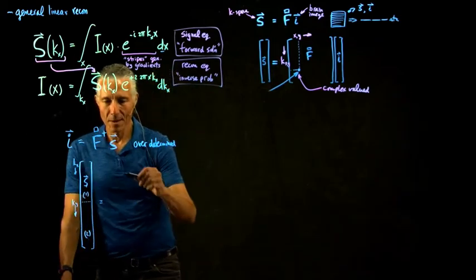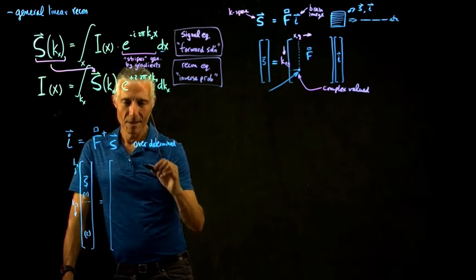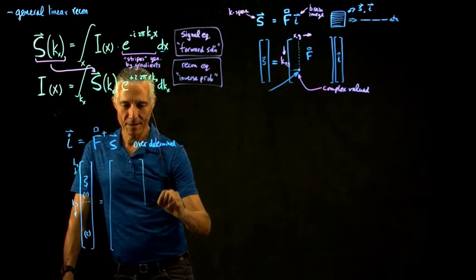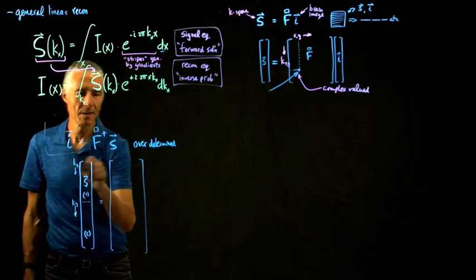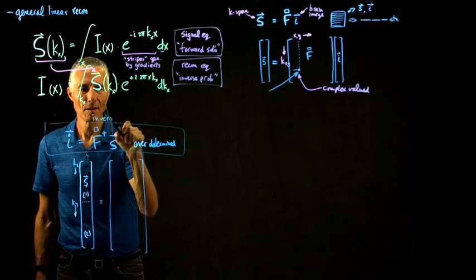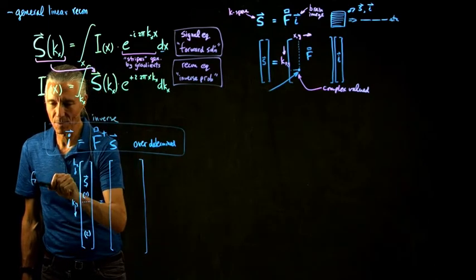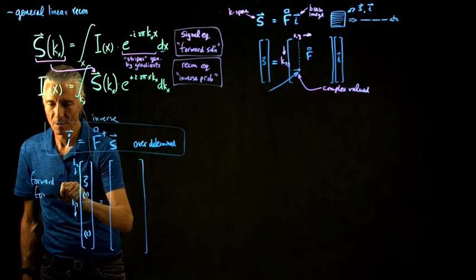So then we're going to have to make a bigger F matrix. So this guy is the inverse, and this guy is a forward for 2 coils.